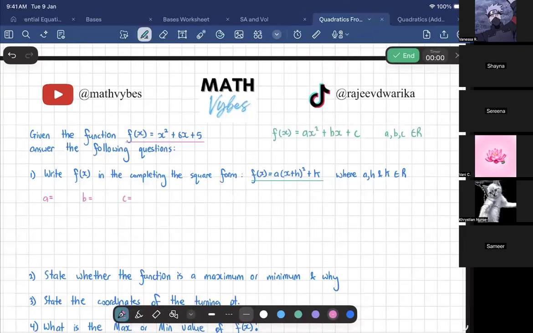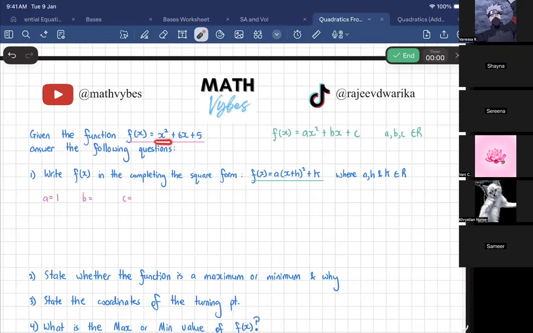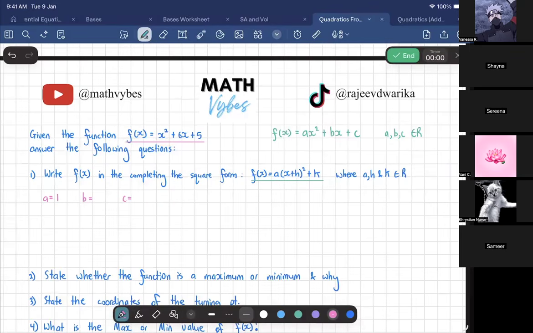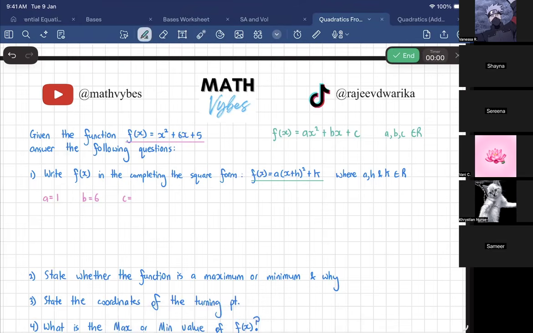A would be 1, because you see 1x squared. B is the coefficient of x, which is 6. X is the variable. And C would be 5.